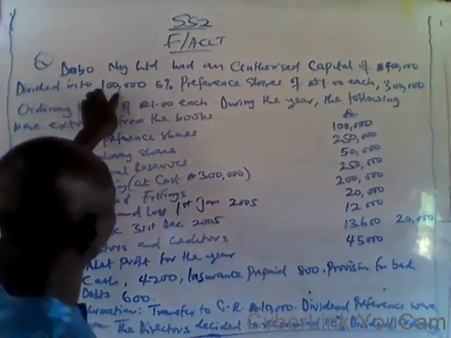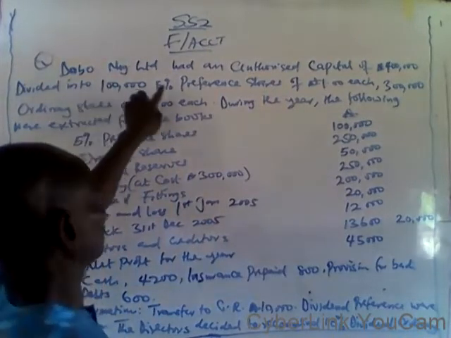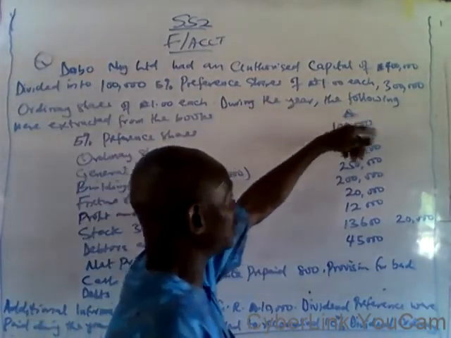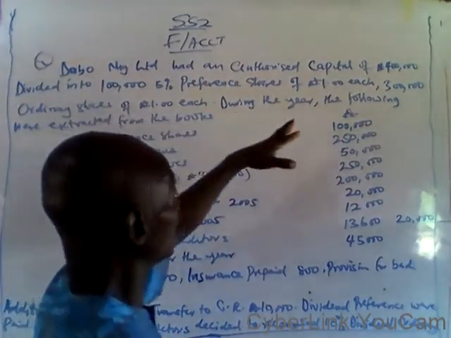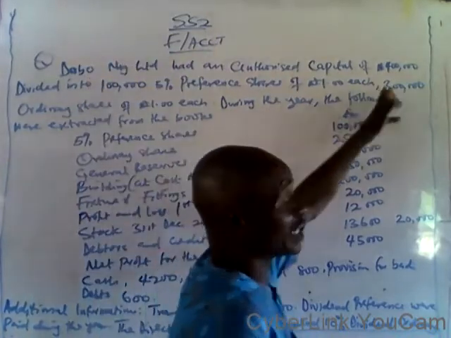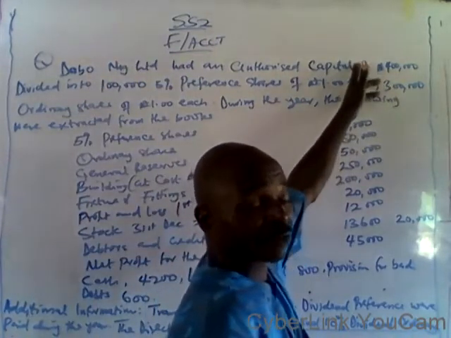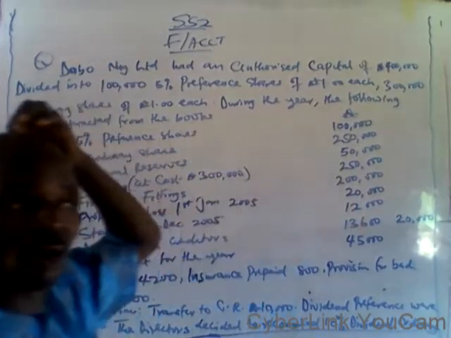The authorized share capital has 100,000 5% preference shares of 1 naira each and 300,000 ordinary shares of 1 naira each. 100,000 plus 300,000 gives us 400,000, and that's the value of the authorized share capital.